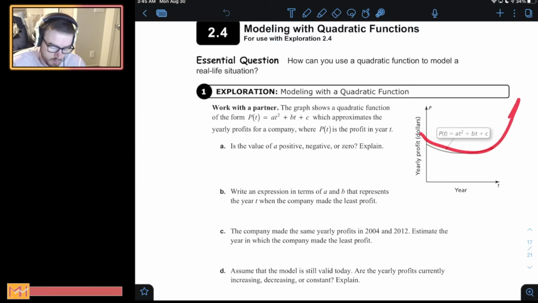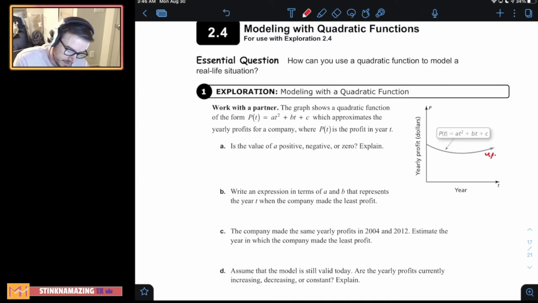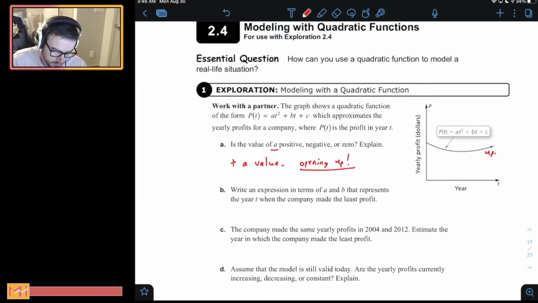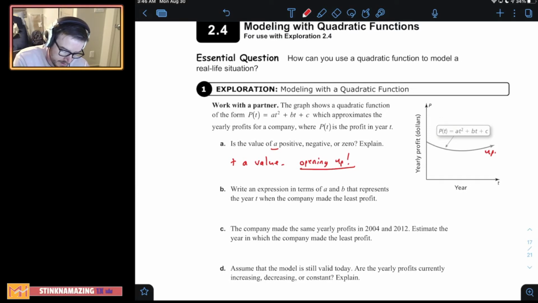It's going to make this U shape. The fact that this parabola is opening upwards means that the a value is going to have to be positive, because it's opening upward. So we can make that assumption. I'll write positive.